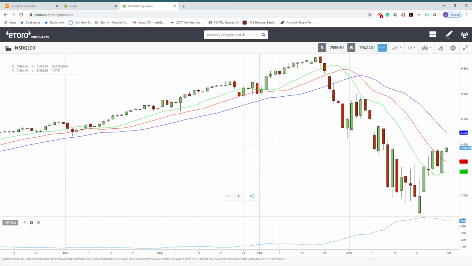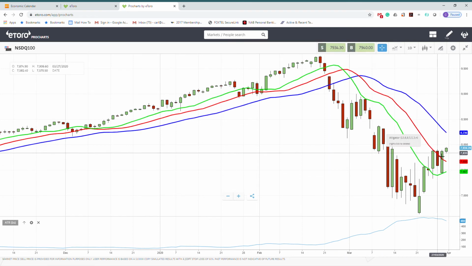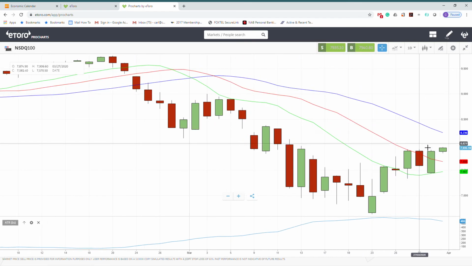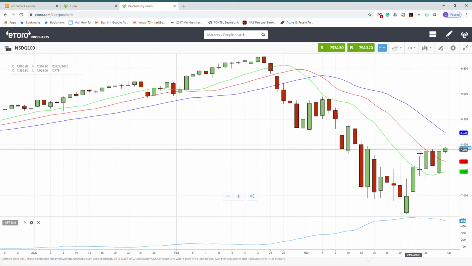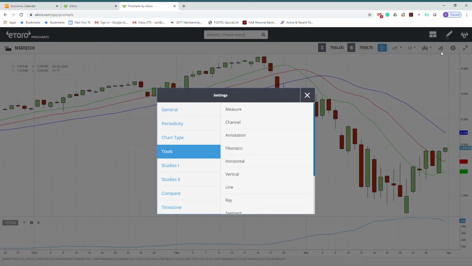So how to use ATR? First, we can use it to recognize the trend strength, as I said before. But sometimes you can use it to set your stop loss and your take profits, but mostly your stop loss.